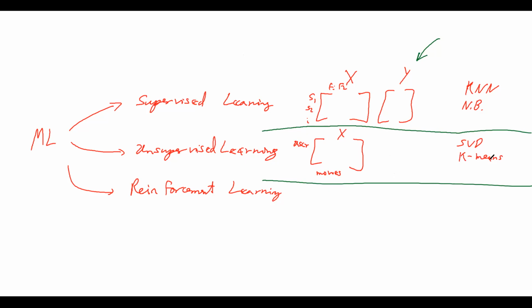Now, what about reinforcement learning? How is reinforcement learning different? In reinforcement learning, you kind of have the data, right? Once again, you do in a sense have labels and you have X. But it's a little bit different because the labels, unlike with supervised learning, where you have the labels beforehand, right?